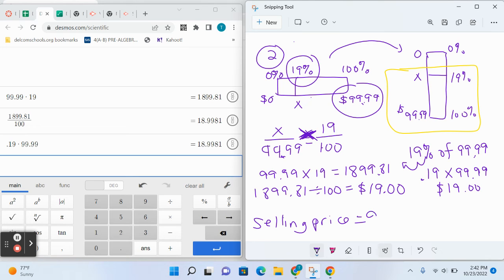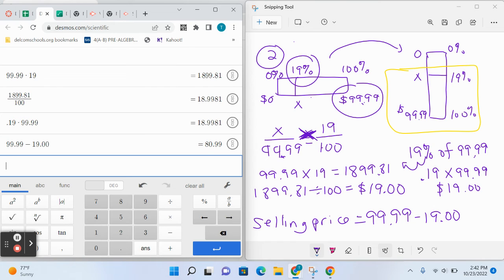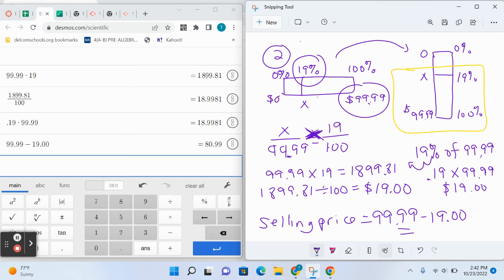So we started out with $99.99 for the item. If it's discounted, that means the price is taken off. It's a sale. I wouldn't want to go to a sale if they're going to add money to the price. So I need to take $99.99 minus the $19 discount, and that is $80.99.